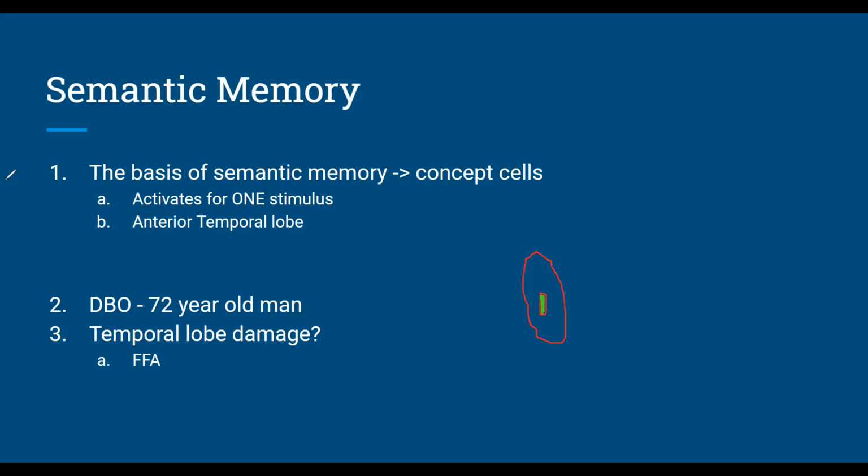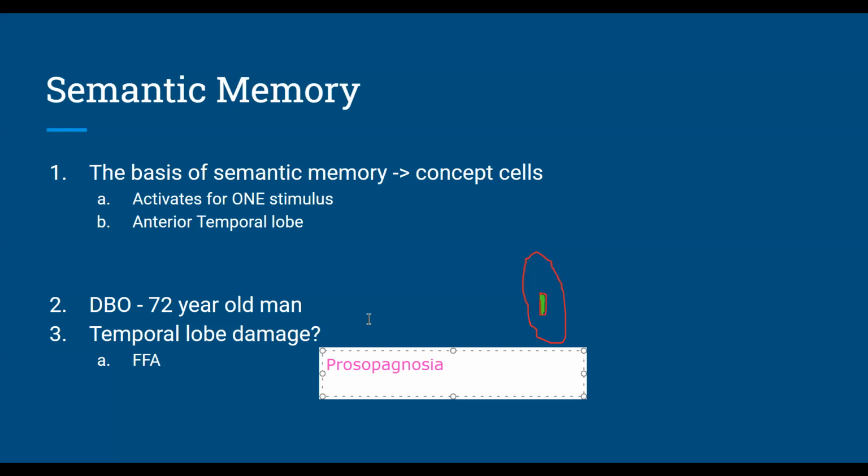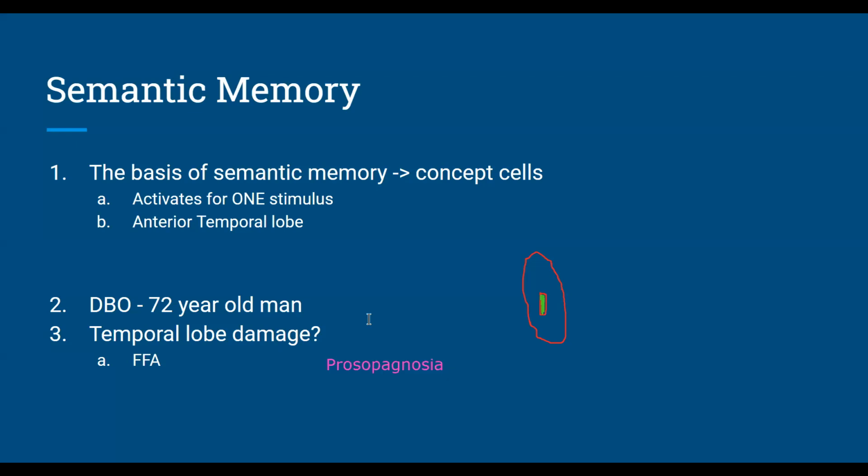Let me type that out for you. It's a pretty long word, and it took me a long time to learn how to spell it. Prosopagnosia is the disorder in which a person cannot identify faces.